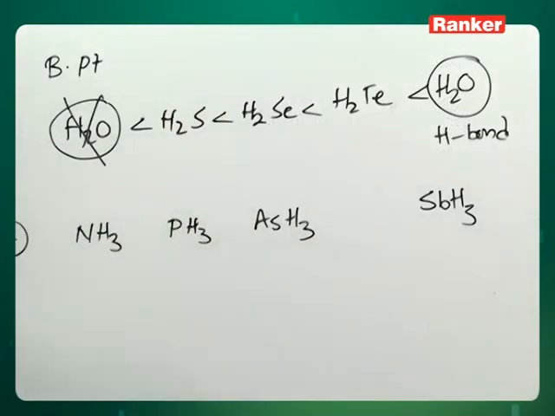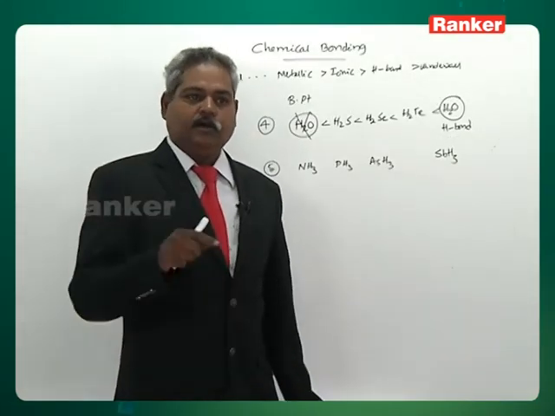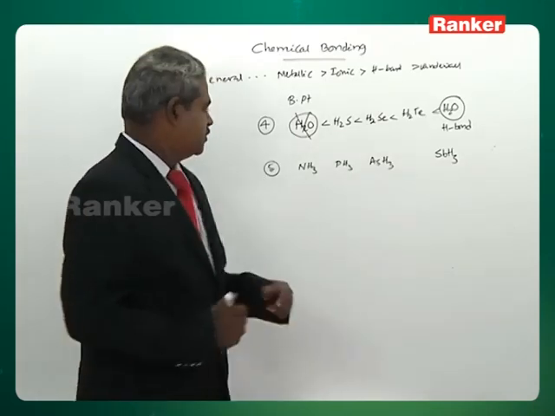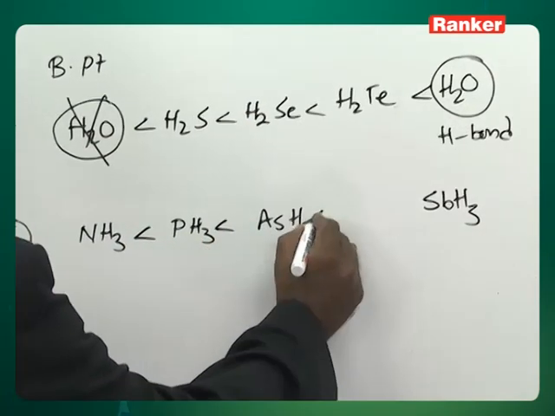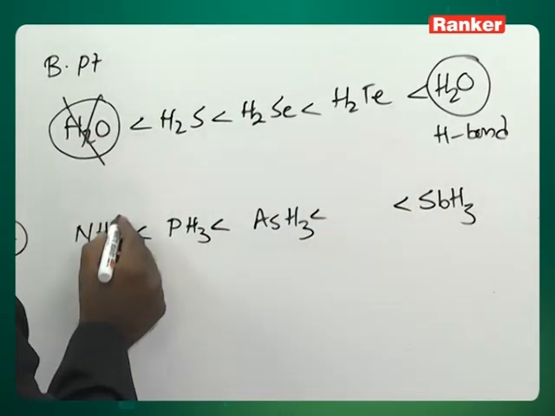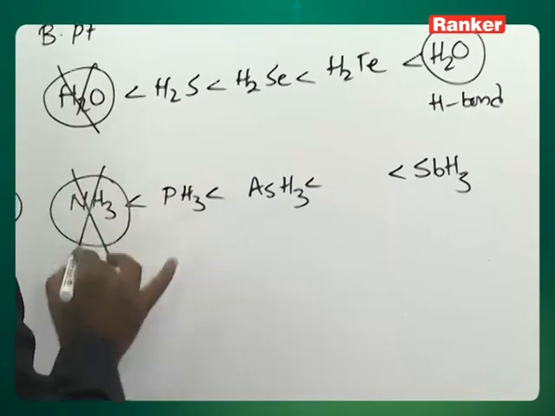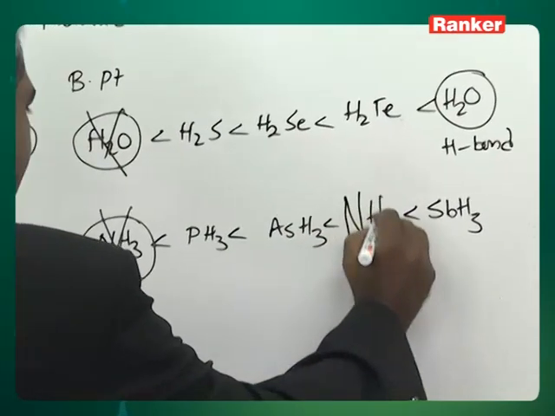So, once again they depend on intermolecular forces. Intermolecular forces depend on whether they have hydrogen bond or not, whether they have ionic bond or not. So, NH3 should have been less. It should have been less because of its lesser molecular weight, if you consider molecular weight only. But ammonia comes only second in this list.